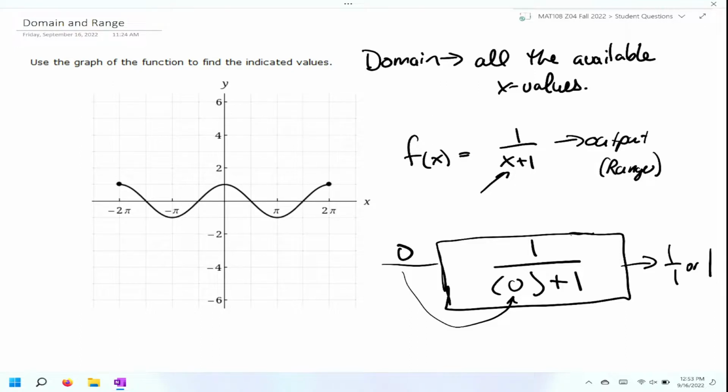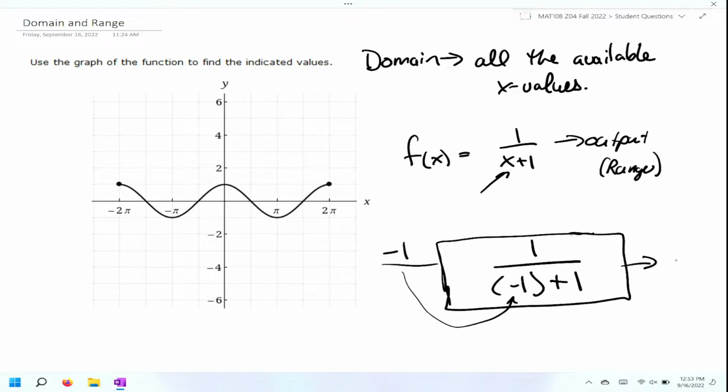Now, there is one situation with this specific example, f of x equals 1 over x plus 1, that we need to avoid. And that is the value -1. Because when we take -1 and we type it into this very special calculator and we hit enter, the -1 falls down into the denominator here, okay?